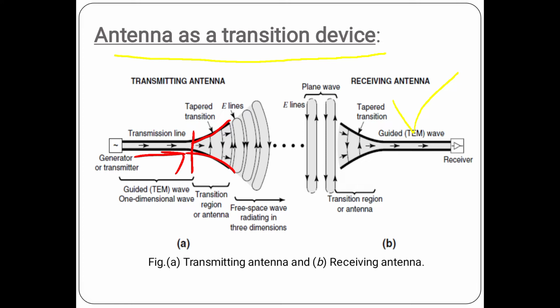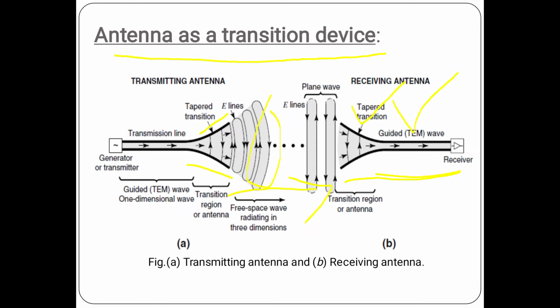But at the tapered section, acceleration and deceleration of the electric current occur. Due to that, EM waves are radiated into free space. These loops are the EM waves, and they travel through the air and are received by the receiving antenna.